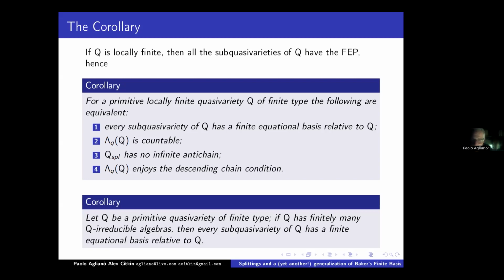Of course, if you look at varieties, this simply says that a primitive locally finite variety in which the lattice of subvarieties is countable has this property, because if we consider a variety, primitive means there are no proper sub-quasi-varieties. Every sub-quasi-variety is a variety.